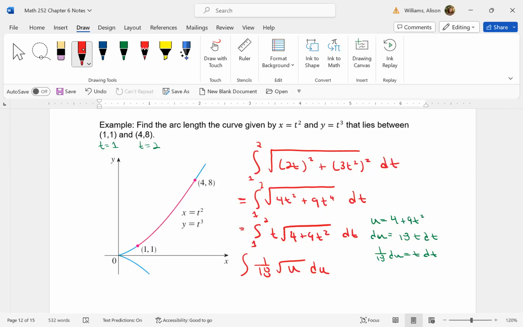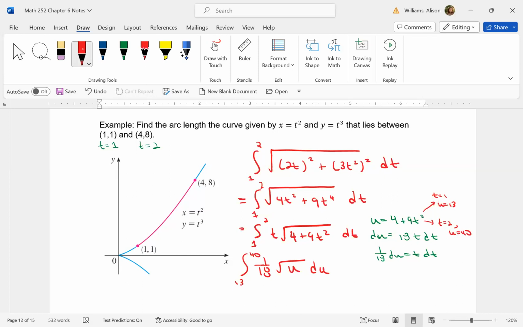So when t equals 1, u is going to be 13. And when t equals 2, 36 plus 4, u will be 40. So 13 to 40.